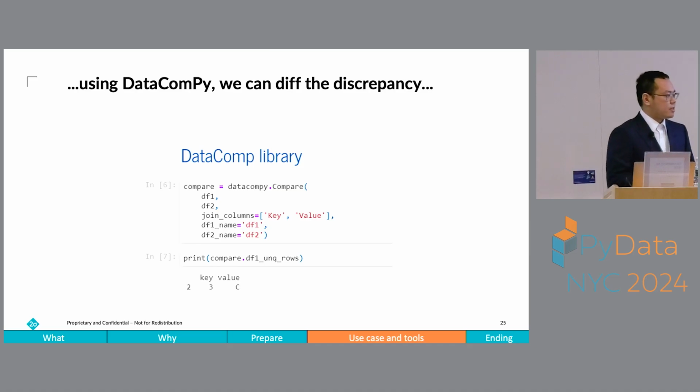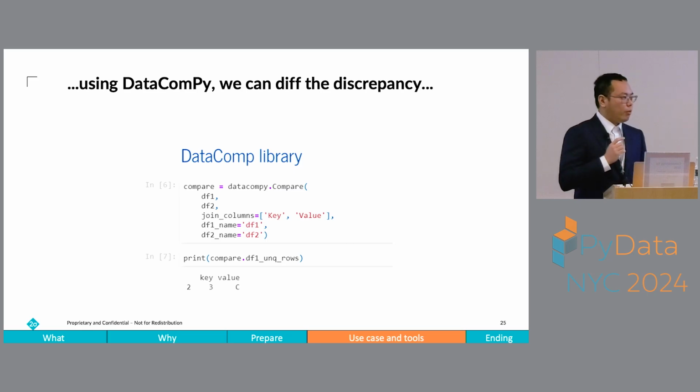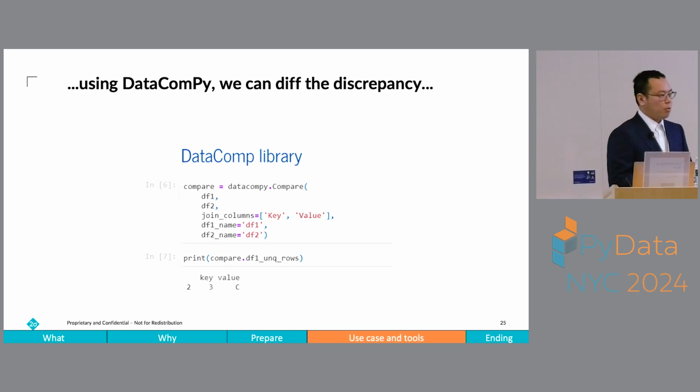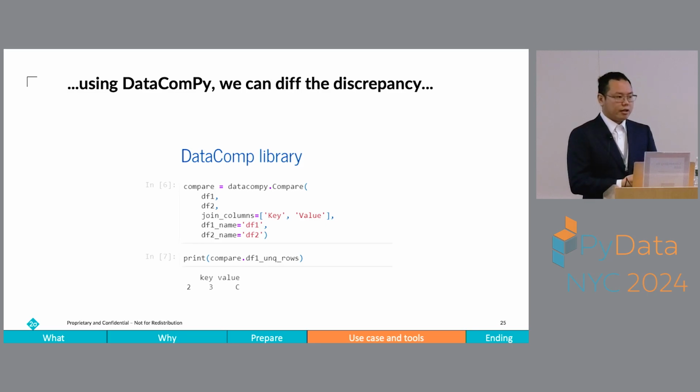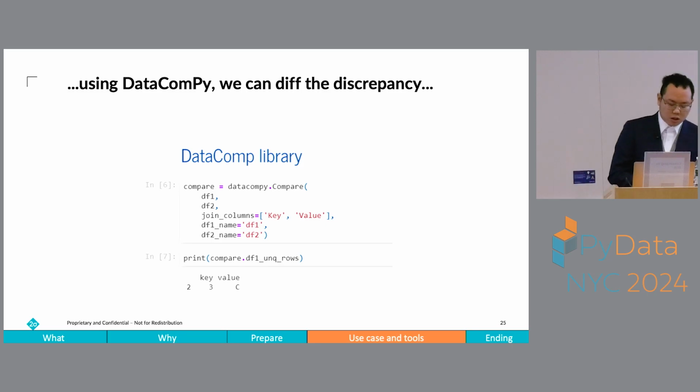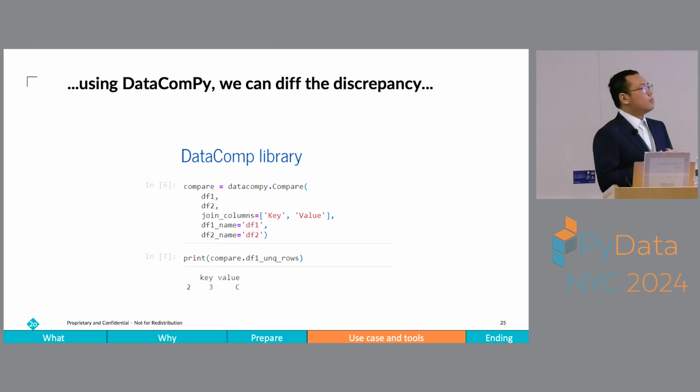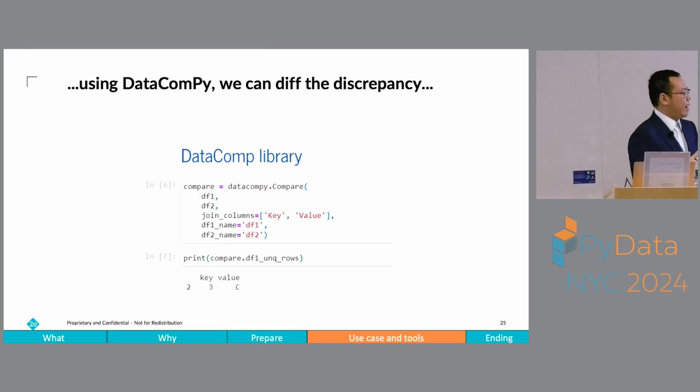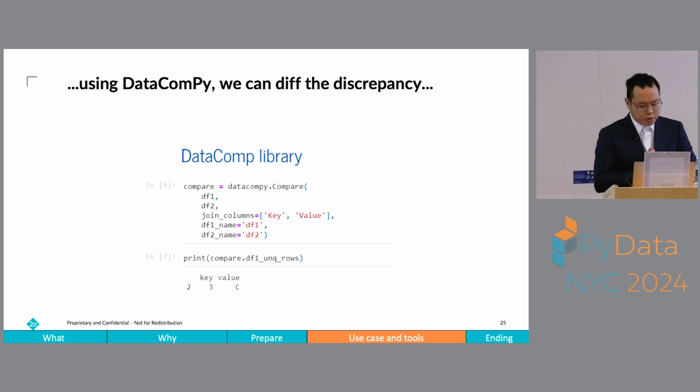Yes, using pandas is handy, but what if you want to generate a report to show you the statistics about the data frames? There is a library provided by, I think, Capital One. It's called datacompy. They support multiple backends, and pandas is one of them. datacompy gives us a very simple API called compare.